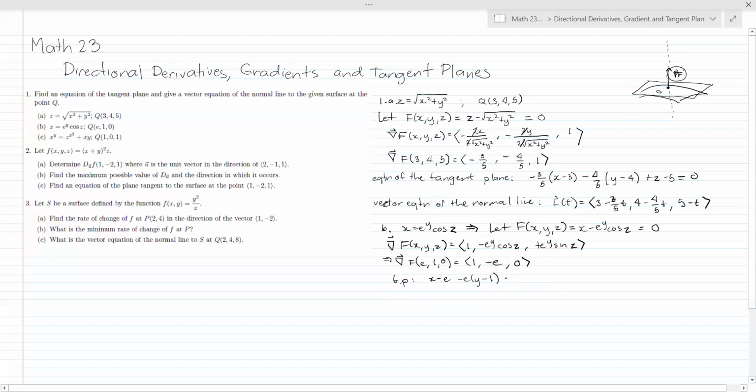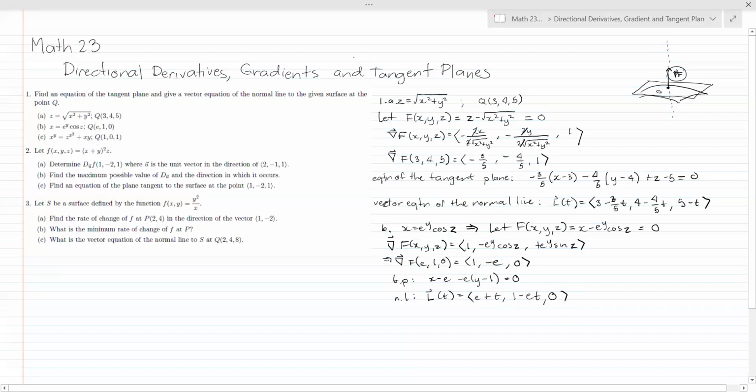Okay, so this is equal to 0. Okay? And then ang vector equation of the normal line, let's say L, this is e plus t, 1 minus et, and then 0 lang lagi sa z.